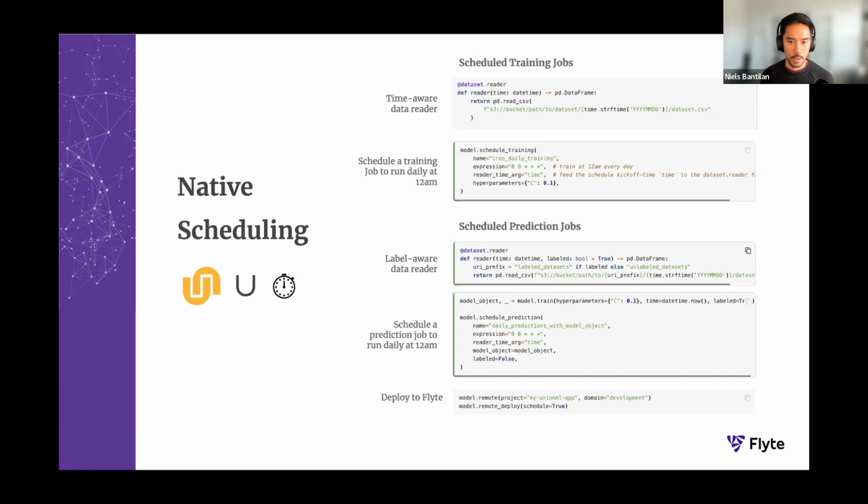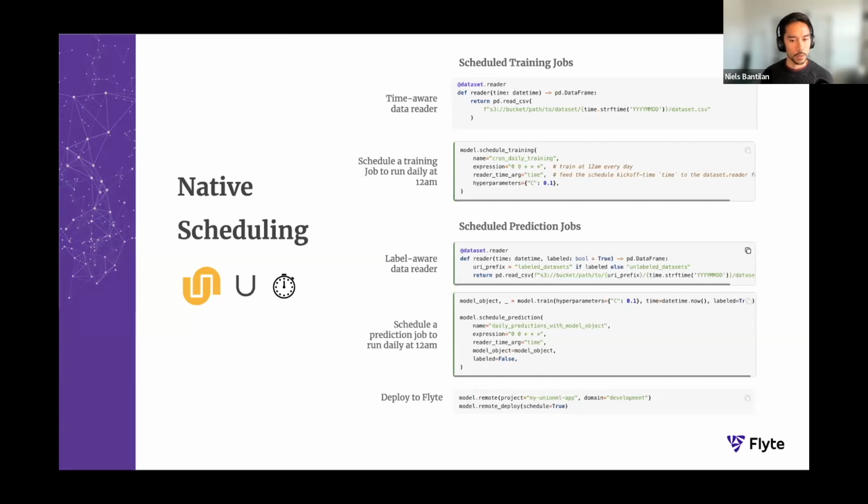But in this case, we have this labeled Boolean argument that if set to false, will just get features for you. And so this is how you basically schedule a prediction job that takes in a model object. There are multiple ways of doing this, but you can give it a model object that it then uses to generate batch predictions. All of this is deployable to Flyte.